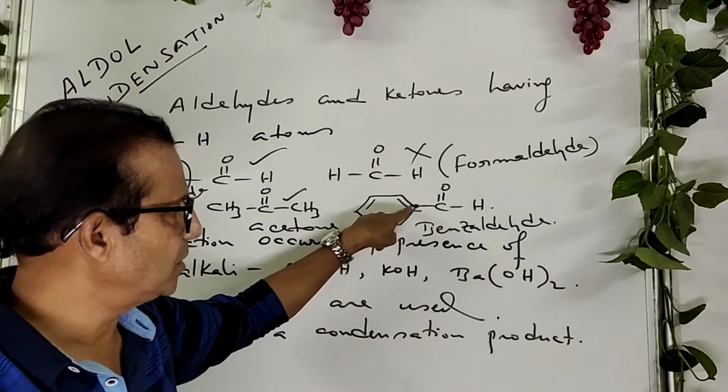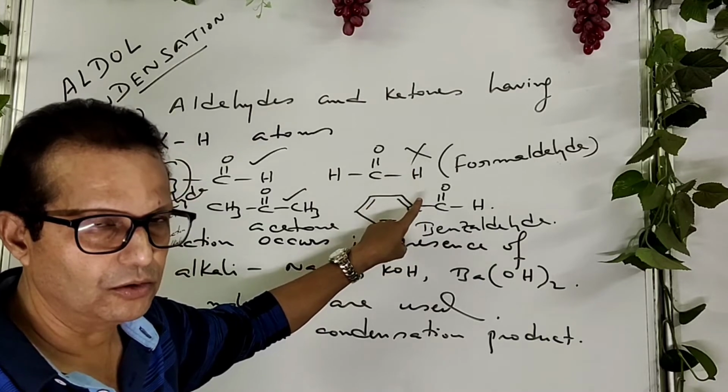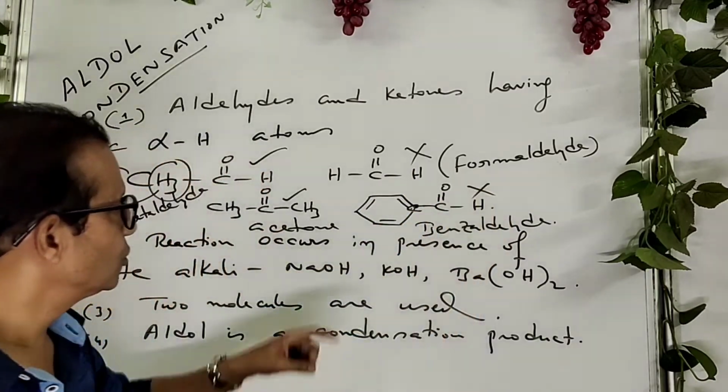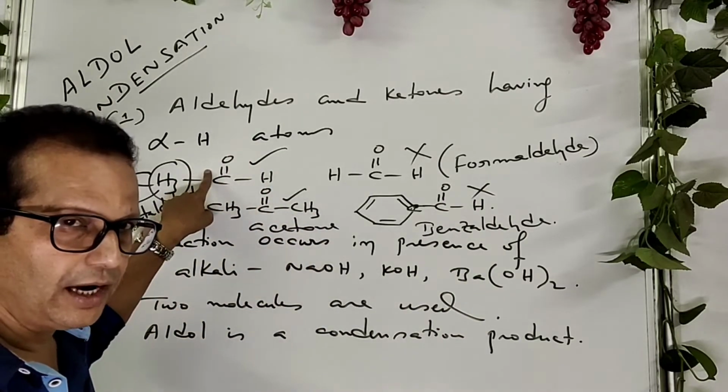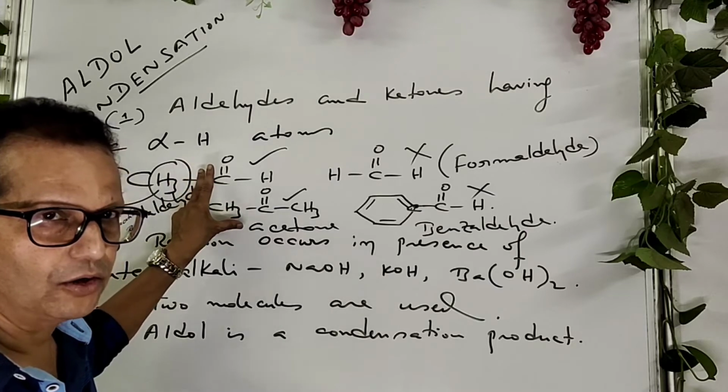So this carbon has no alpha hydrogen. That's why benzaldehyde does not undergo aldol condensation. So remember, only those aldehydes and ketones having alpha hydrogen atoms undergo aldol condensation.